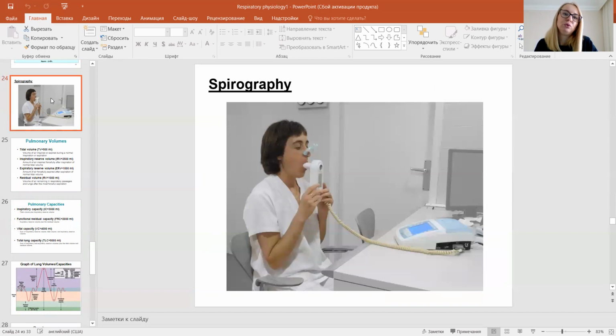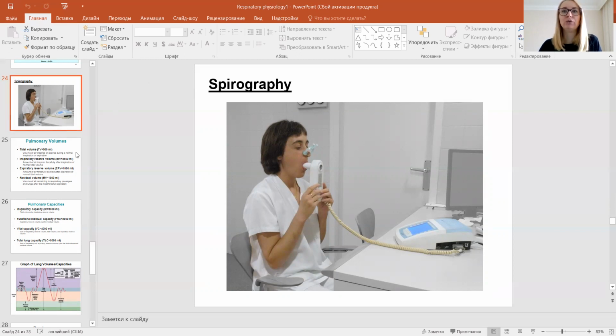And now let's move to the next subtopic of today's lecture, which is spirography. This is the graphic record of inspired and expired air volumes during breathing. You can obtain quantitative characteristics of pulmonary ventilation by means of spirography and conduct functional lung tests, allowing to establish the mechanism and localization of ventilation disorders.